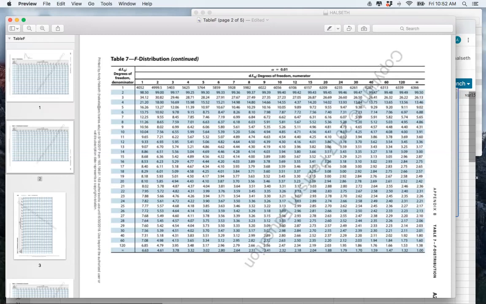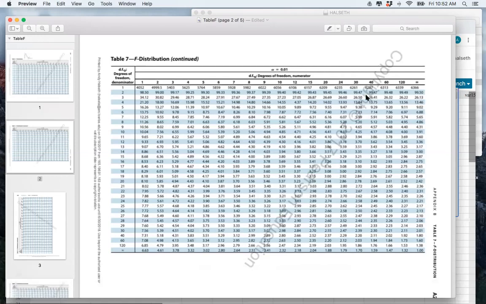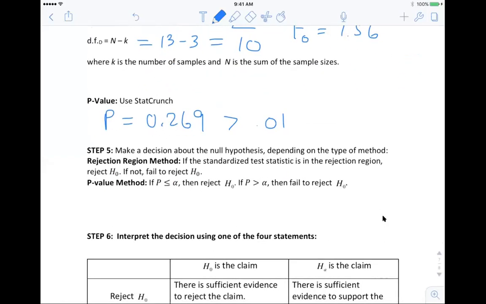If I jump back to my handout, I can finish this problem now by making my decision and conclusion. You can see, with that large p-value, you kind of know what's going to happen. That p-value is larger than 0.01, so when I go down to my step 5, I have a fail to reject.